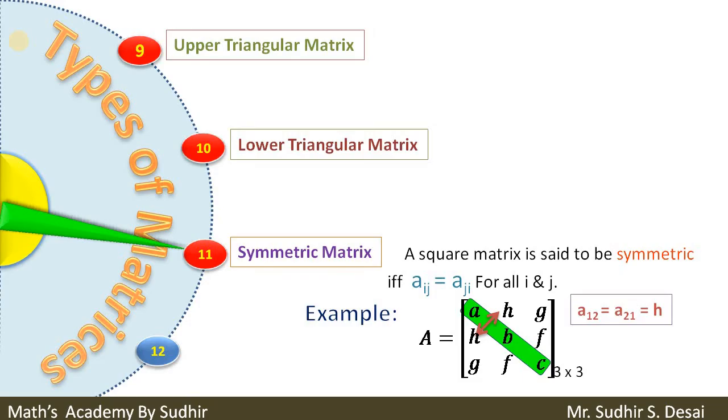A21, and both are the same, they are H. Next, A13, opposite of it A31, and both of these are G. And last, A23, opposite of it is A32, these two are the same. So a square matrix is said to be symmetric if Aij is equal to Aji for every element. It should be true for every element.